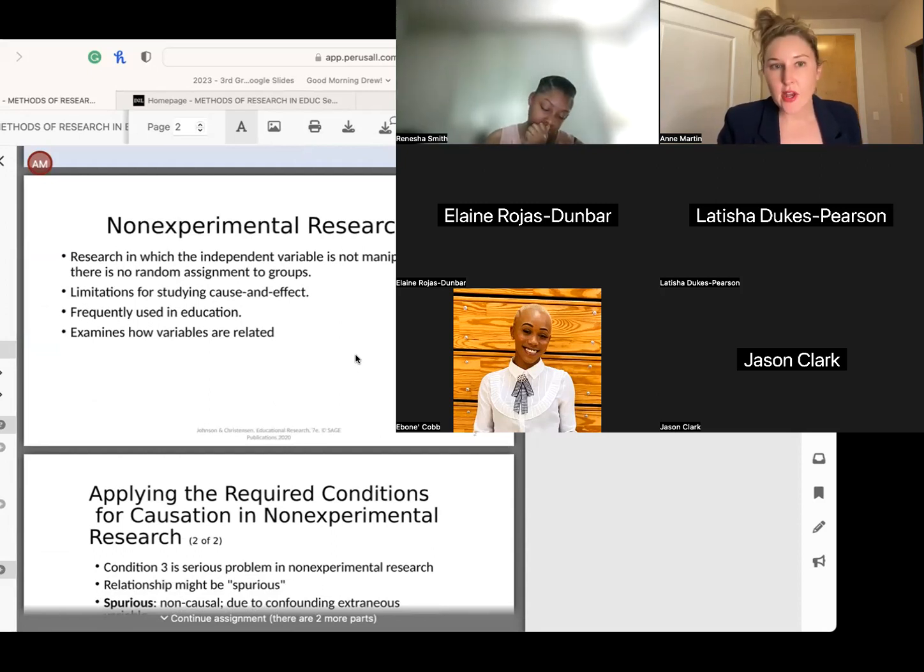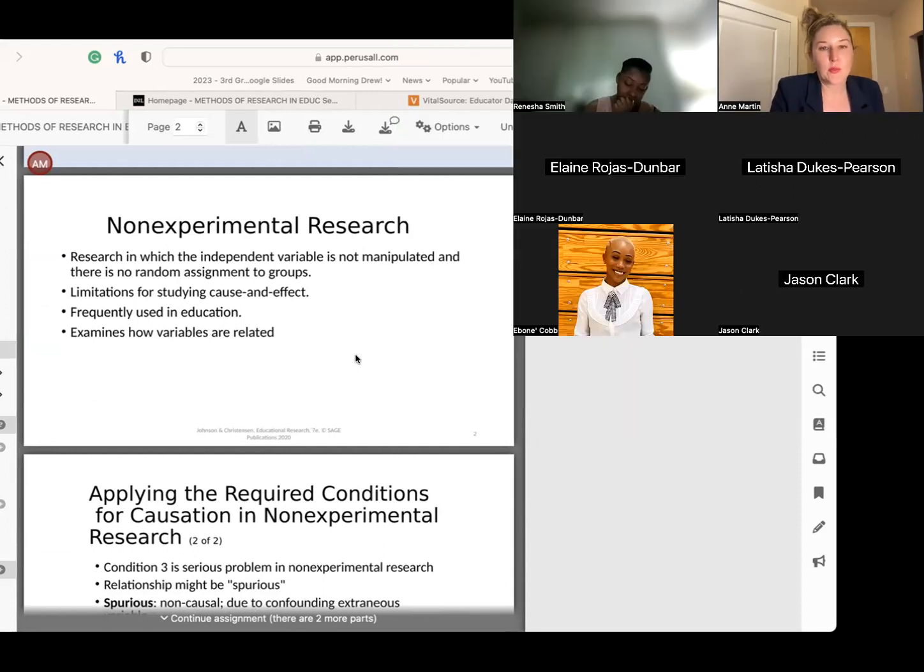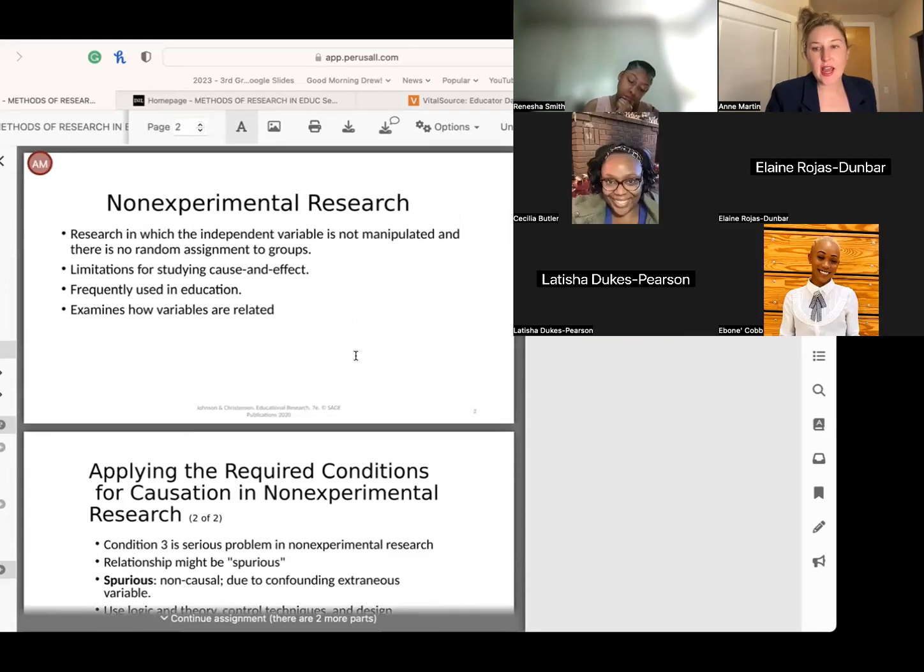Instead, researchers are trying to understand the relationship between variables. One of the examples they gave in the text for non-experimental research is income after college and gender. You can't manipulate gender, so that would be non-experimental research.